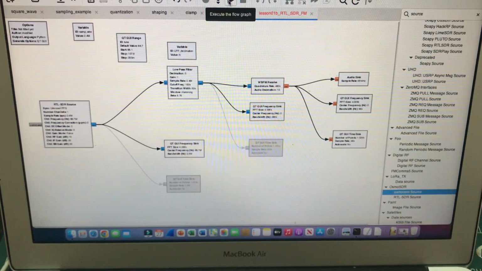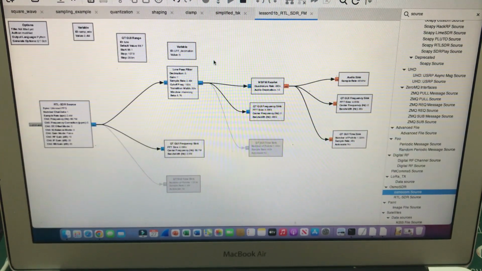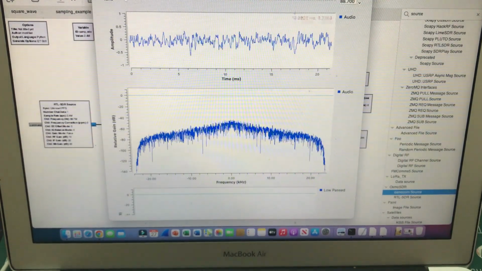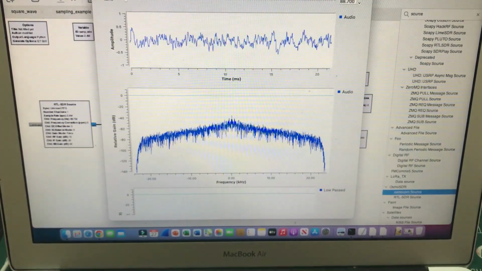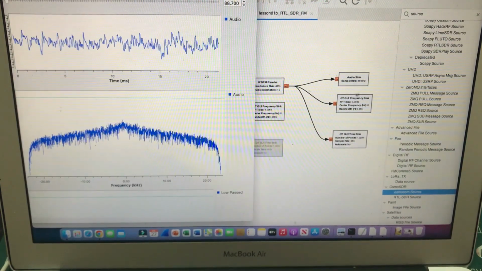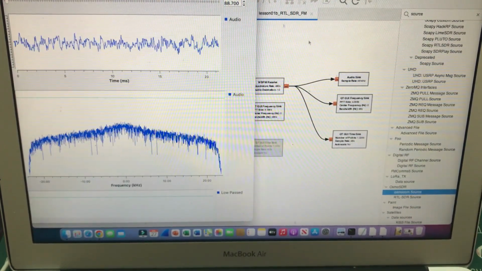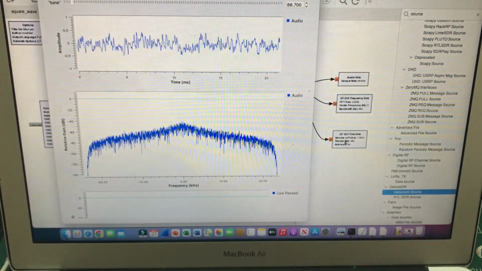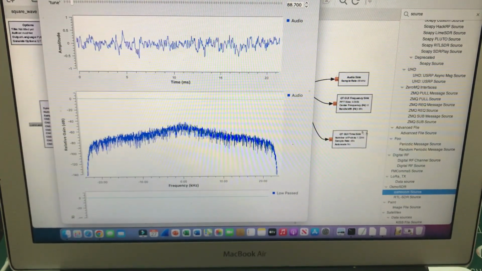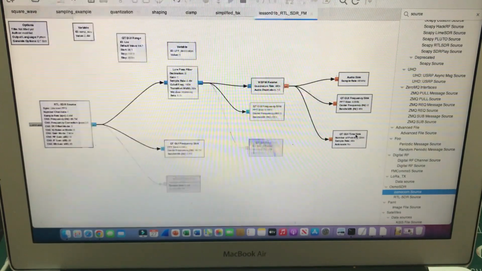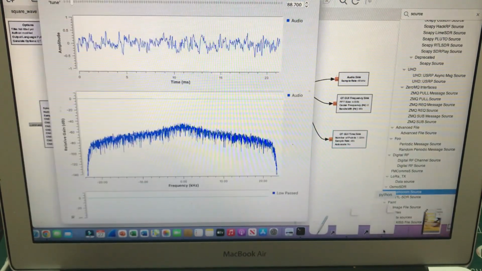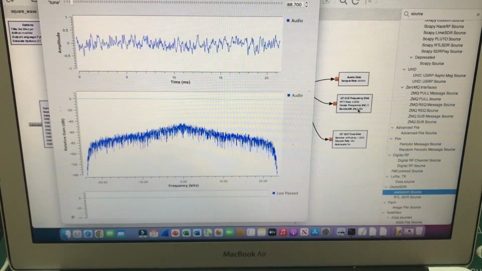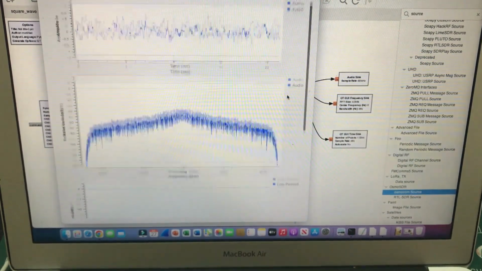So let's run this flow graph. After I run this flow graph, this is the audio that you are seeing. Sorry, this is the time sink of this audio, and this is the frequency sink based on this, but you will be able to hear the audio once we tune in.